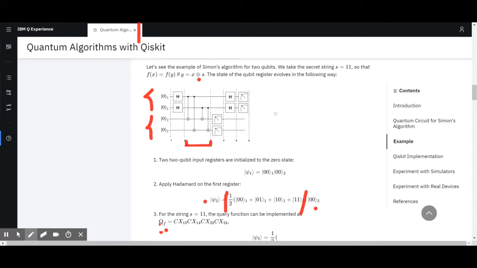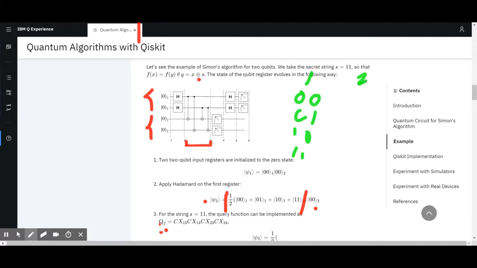So basically what this would do is, if you would have 0 0, right? So if you would have, let me change colors, 0 0, 0 1, 1 0, 1 1, and here we're talking about the first two qubits, so the register 1, and here's the register 2.